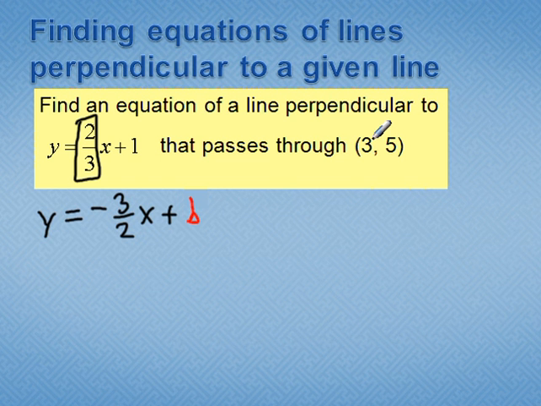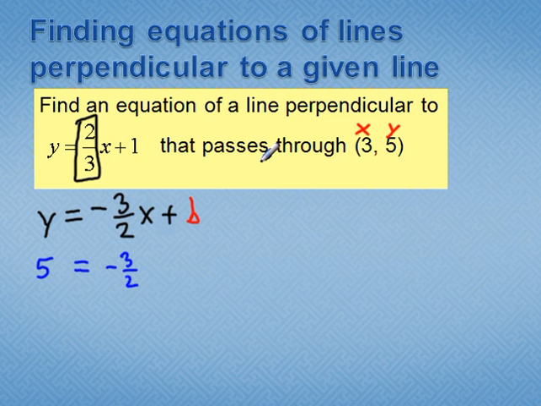But the 3, 5 is still useful because 3 is an x-coordinate, 5 is a y-coordinate, and we can use that in our equation to find the b value. So let's plug in 5 for the y value. The slope stays the same, it's -3/2.